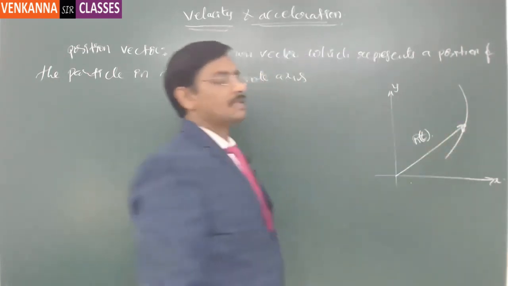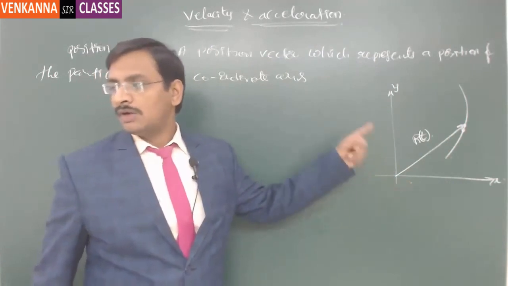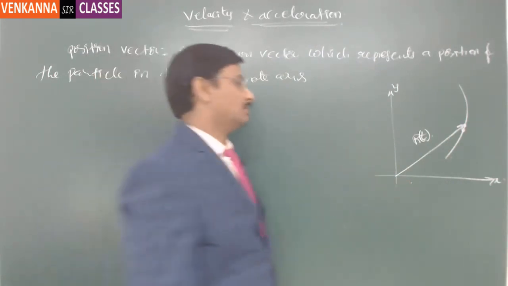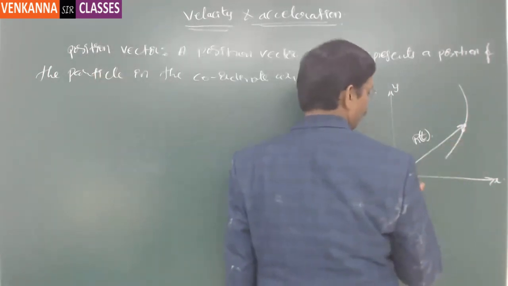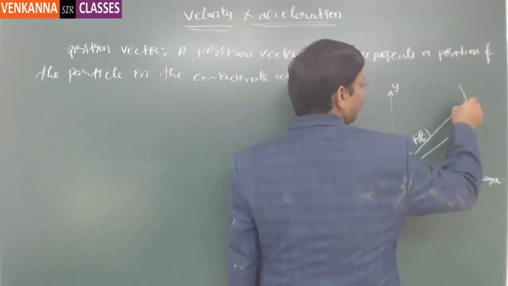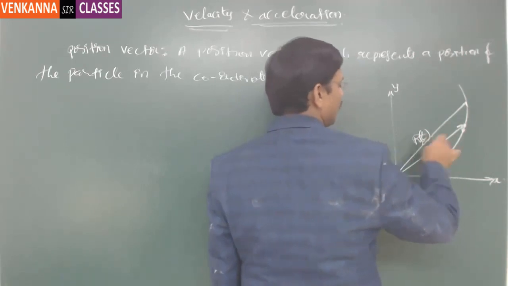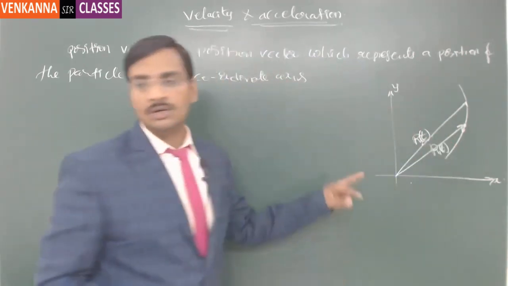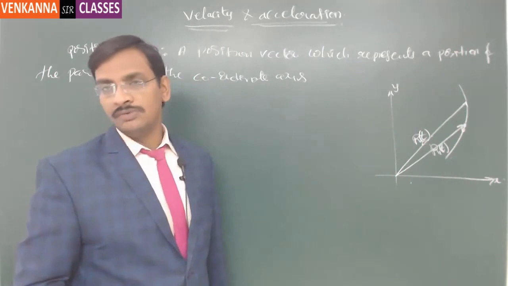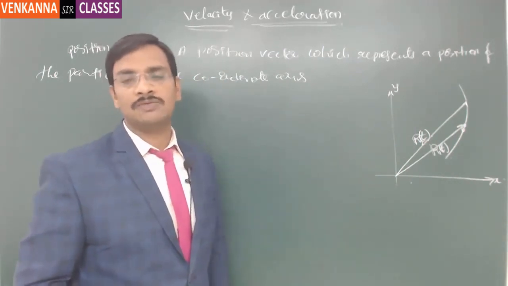So here x is changed with respect to time and y is also changed with respect to time. That means when this particle is moved from this location to this location, correspondingly this is r1 of t and this is r2 of t. That means there are two different position vectors which were drawn and this change happened within a time of dt.